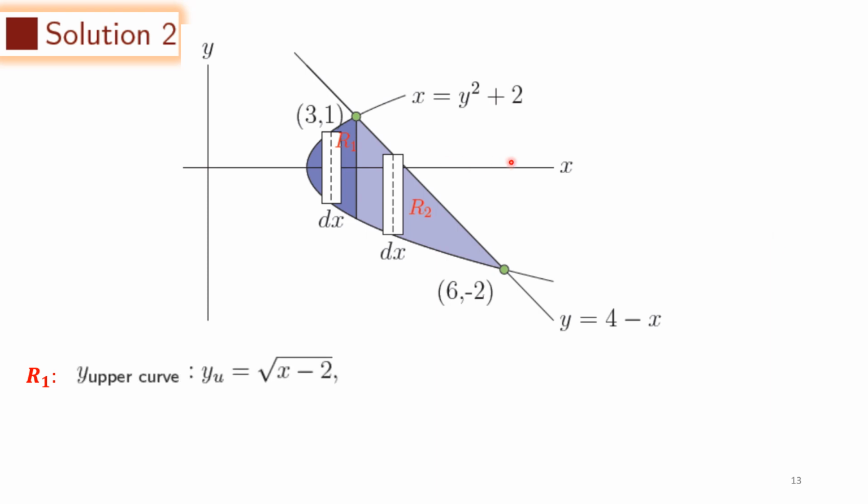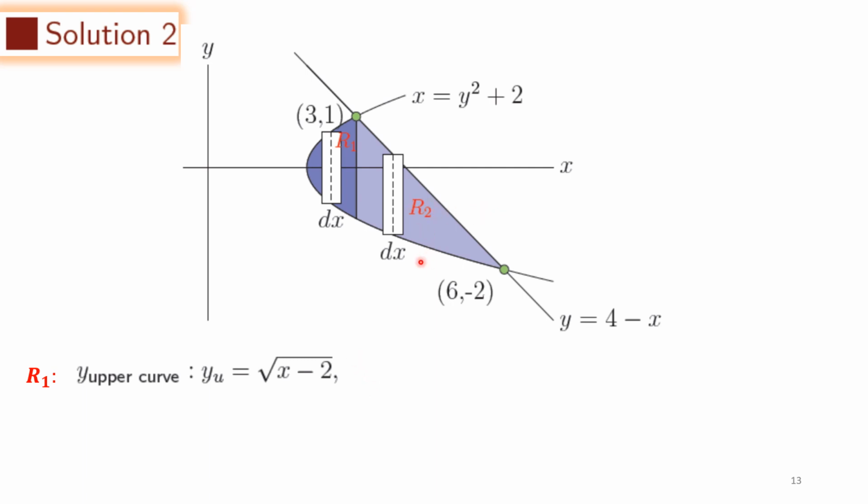So let us take a look at the first region. What will be your upper curve? The upper curve will be this one, which should be in terms of x. Y sub u is equal to the square root of x minus 2, because you will have dx, so it should be in terms of x there.